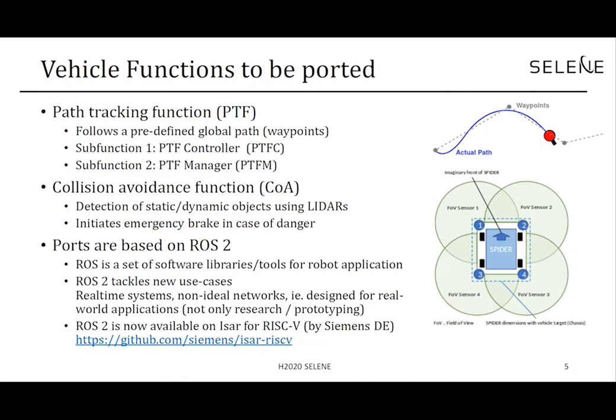ROS2, the robot operating system version 2, is now available for RISC-V. That's also a very nice outcome of the SELENE project, which was done by Siemens Germany. If you want to use it, just have a look at this URL, where you can find the ports and the build system for RISC-V.